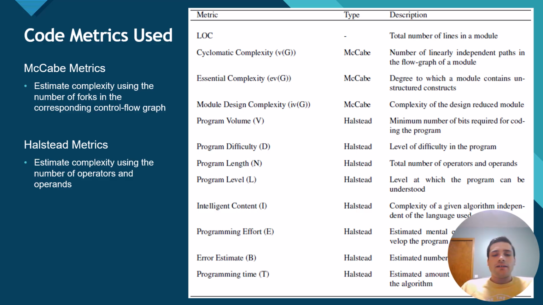And then Halstead metrics that were used were program volume, program difficulty, length, level, intelligent content, programming effort, error estimate, and programming time. And the Halstead metrics also estimate complexity, but they estimate it by using the number of operators and operands.